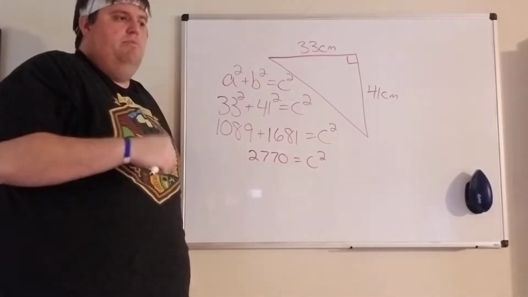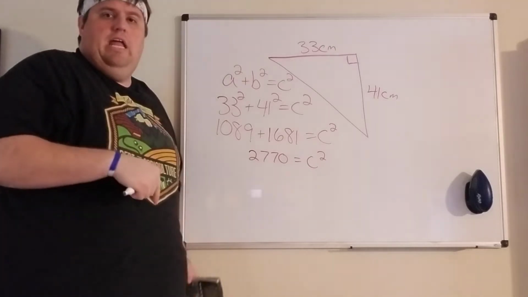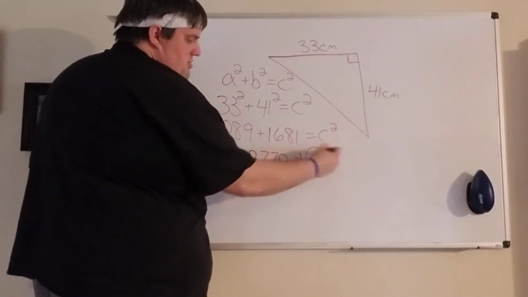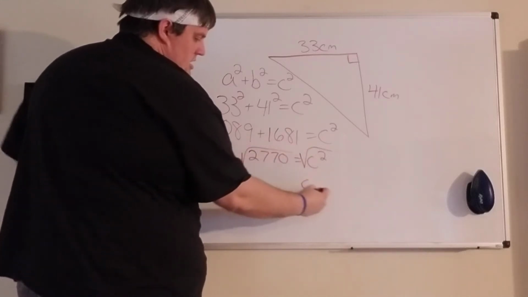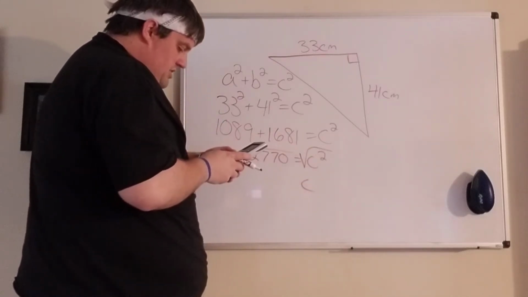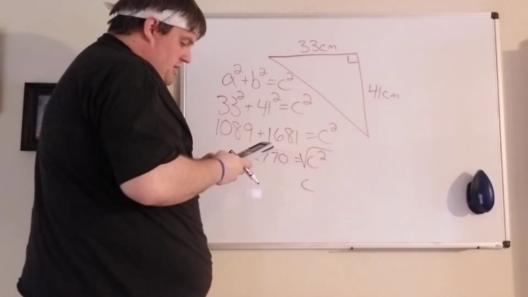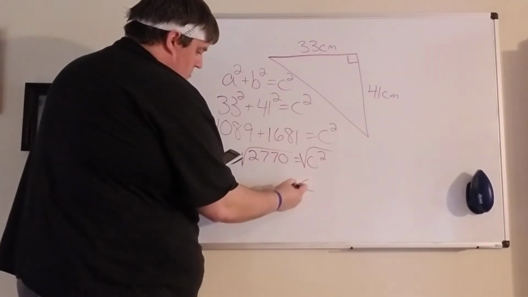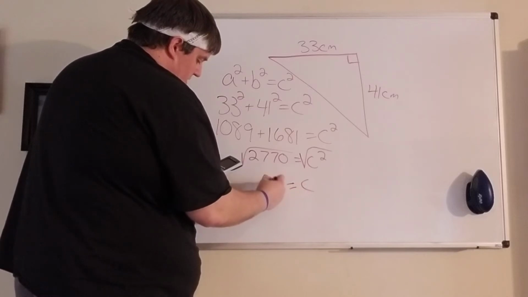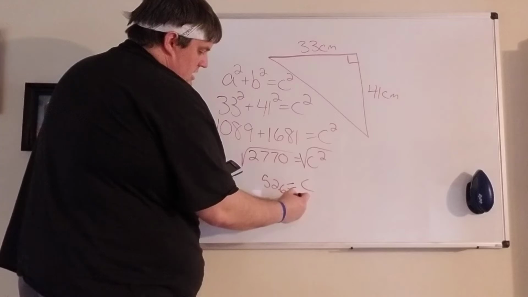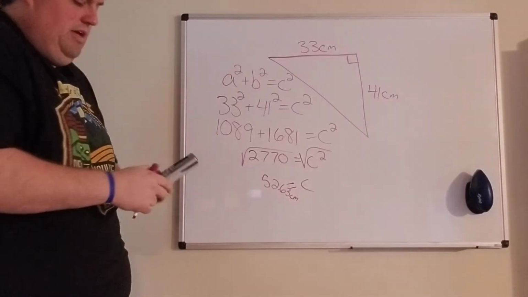Remember, when you square root something, you're not dividing at all, right? Square root is its own thing. So use your calculator. Hit the square root button first. Or some of you, your calculator, you have to hit it after you put in the number. And this time, c is about 52.63 centimeters, right?